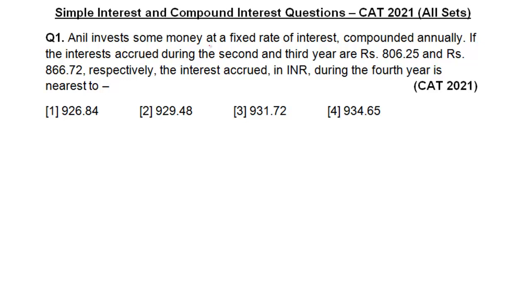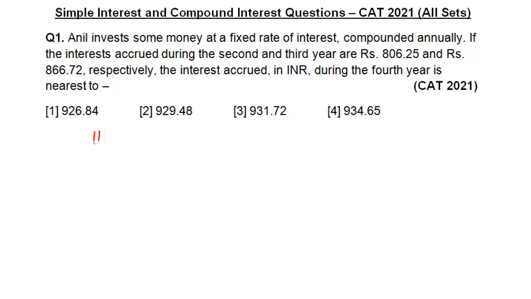Anil invests some money at a fixed rate of interest, compounded annually. If the interest accrued during the second and third year are rupees 806.25 and rupees 866.72 respectively, the interest accrued in INR during the fourth year is nearest to.